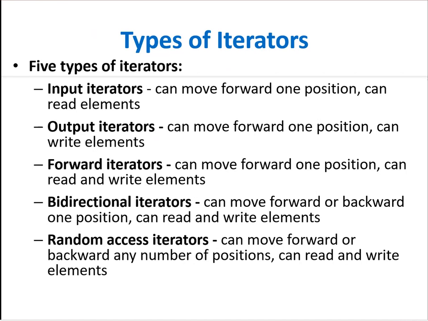Random access iterator has all the functionality of the bidirectional, forward, output, and input iterators. It can move forward or backward any number of positions, and can read and write the element.